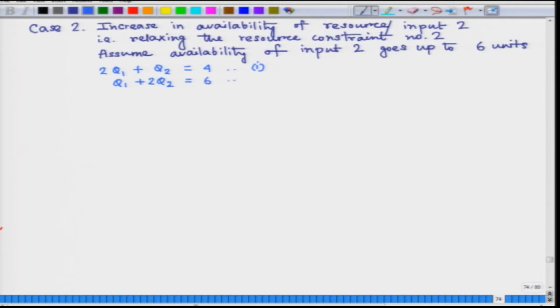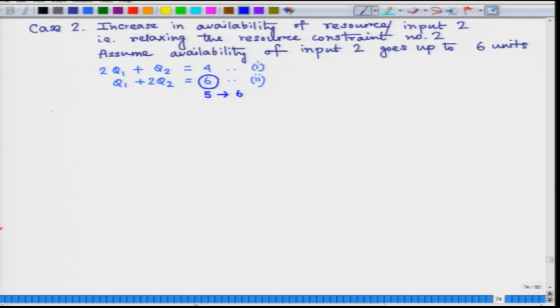Of course, I am assuming that slack variable values are 0 here at the optimal solution. So, note the change here. Earlier we had number 5, now it has gone up from 5 to 6.